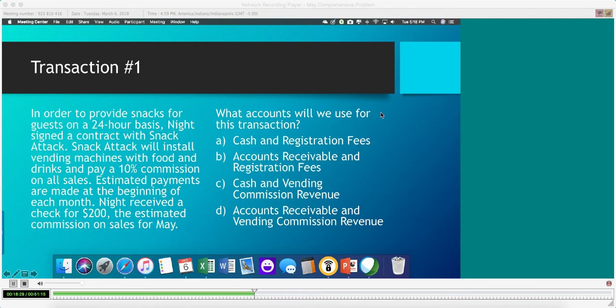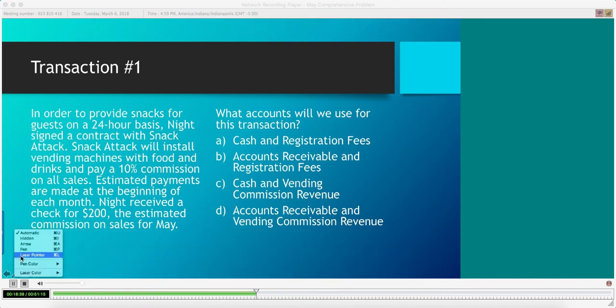So since he's received a check, it's not going to be accounts receivable. So that leaves it's either A or C. Exactly. That is our second revenue account that we're going to have to close at the end of the period.